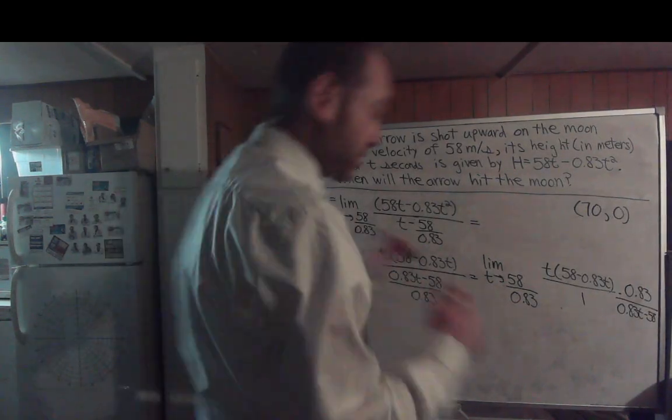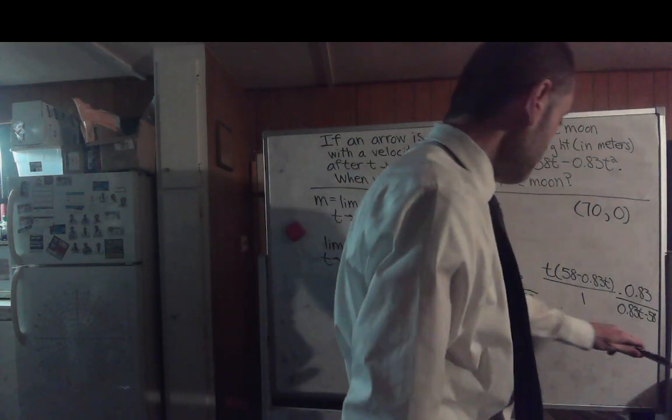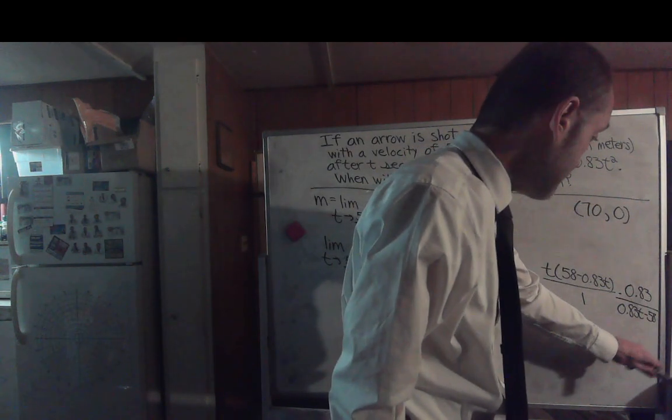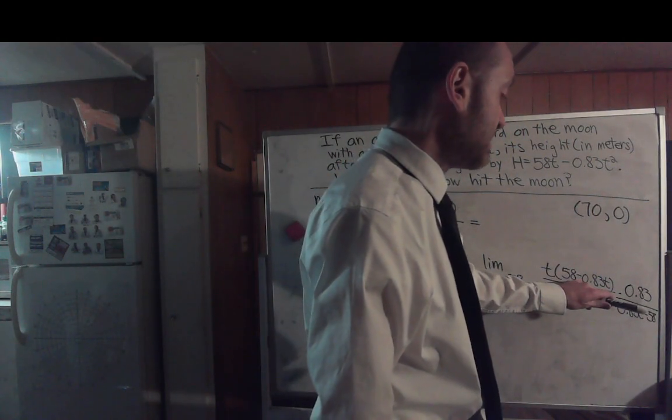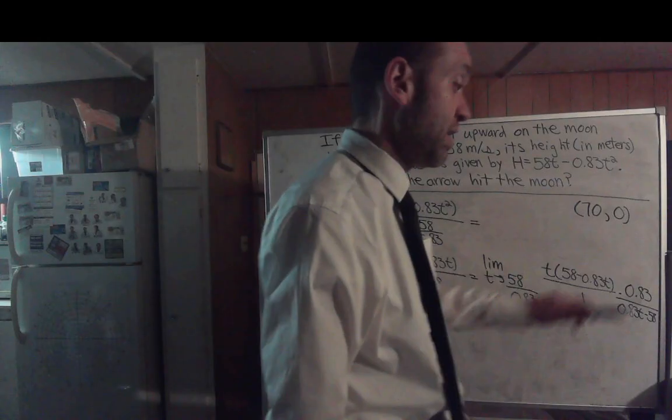Well, if we look over here, you notice this 0.83t minus 58 in the denominator looks almost like this 58 minus 0.83t in the numerator.